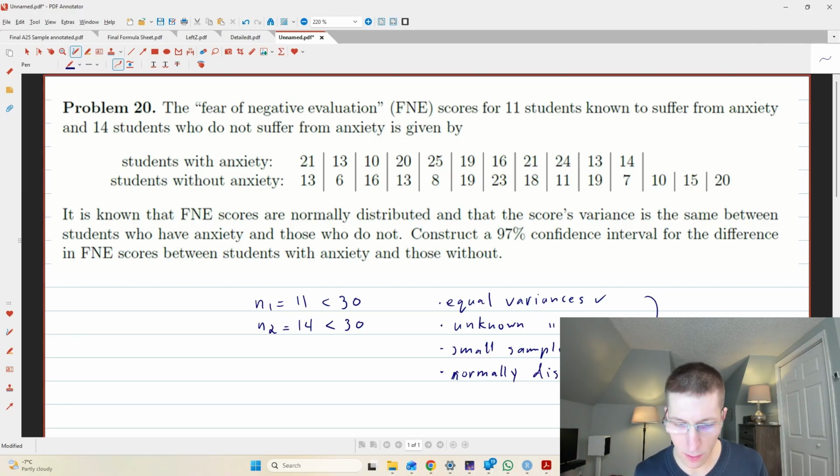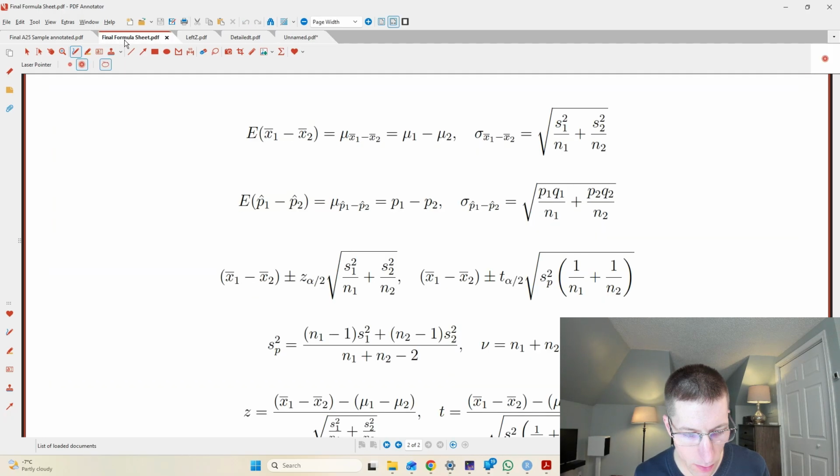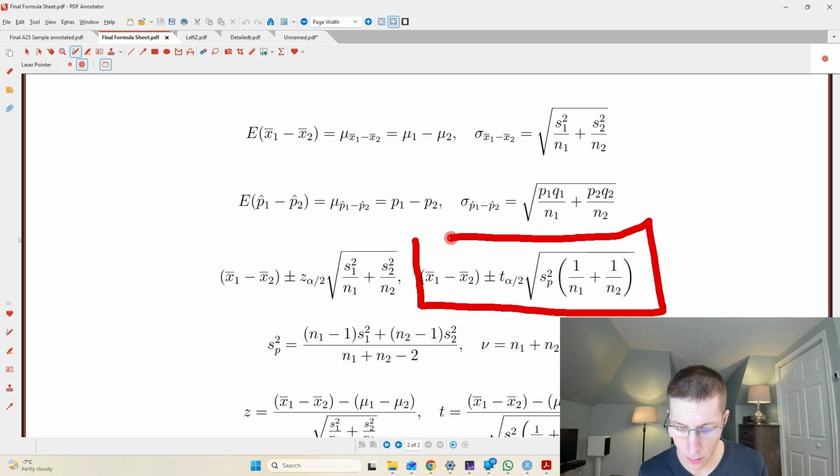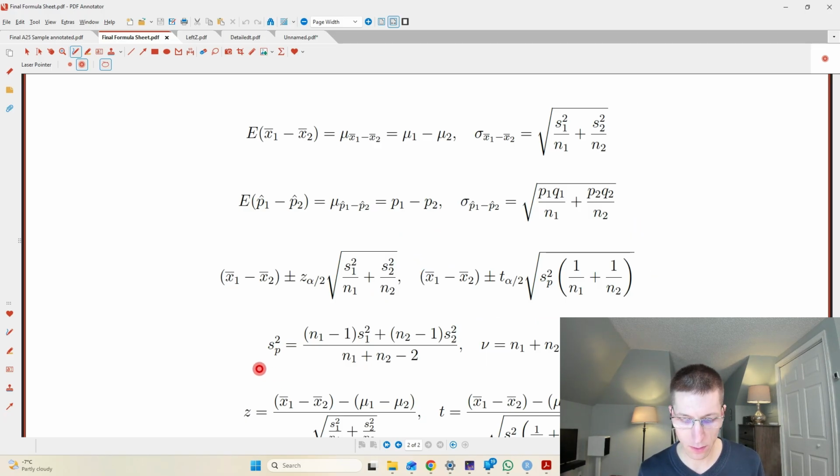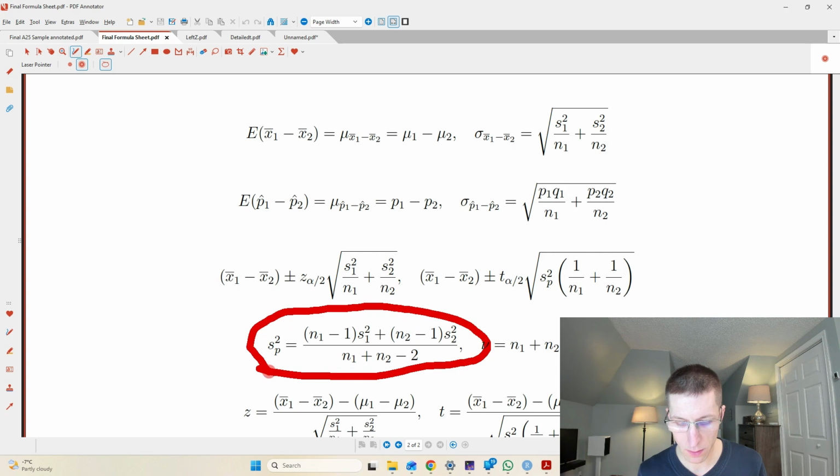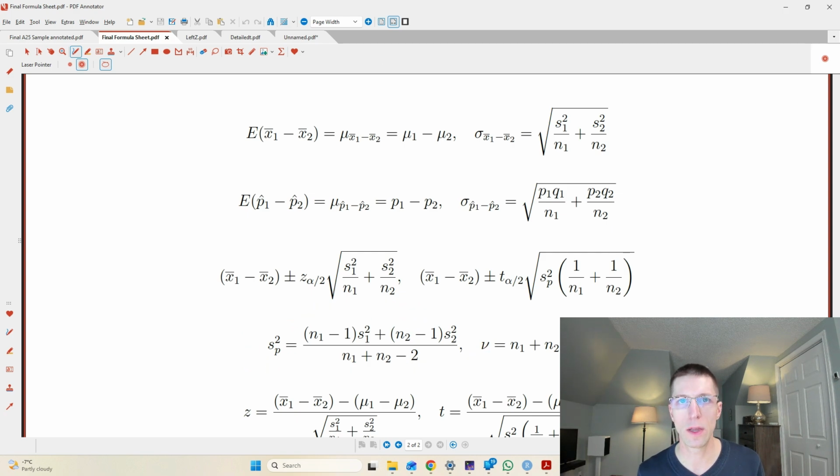So if we look at the formula sheet for two samples, we're comparing these two populations and we want a confidence interval. So we're going to have to use this formula where SP squared is the pooled variance. That's like the weighted average of the two sample variances.